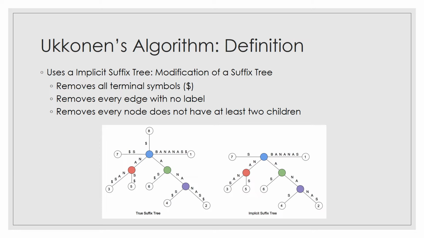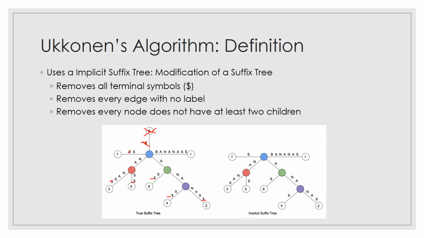As you can see from these 2 images, the terminal symbols all get removed. Second, it removes every edge with no label. When we remove this termination character, there was no need for this suffix, so leaf 8 gets removed, and so on and so forth.